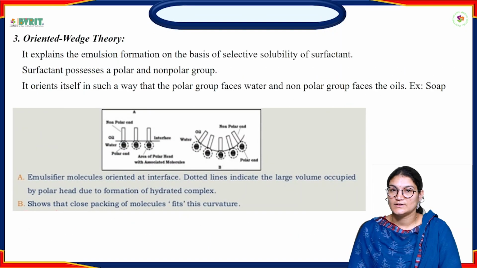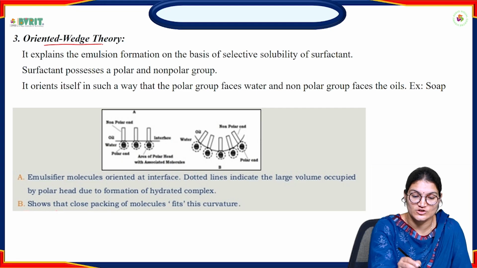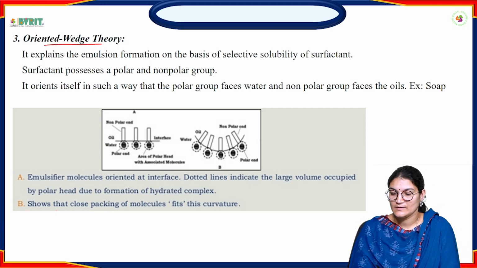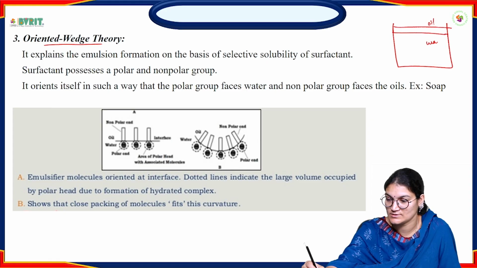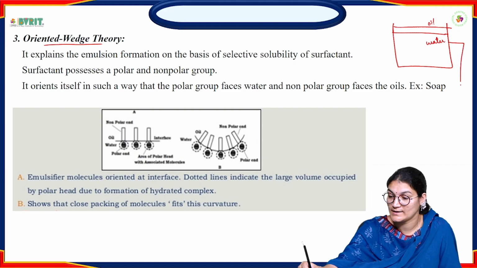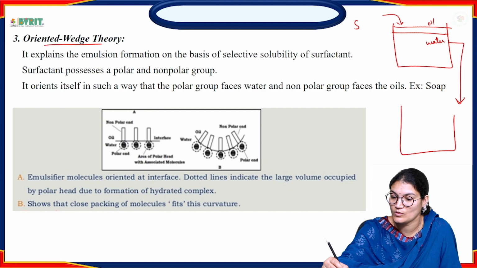Coming to the third theory, it is oriented wedge theory. It's very simple. If I want to add a soap or surfactant, so this is oil and this is water. If I want to make them miscible with each other, what am I going to add here? I want to add a surfactant.